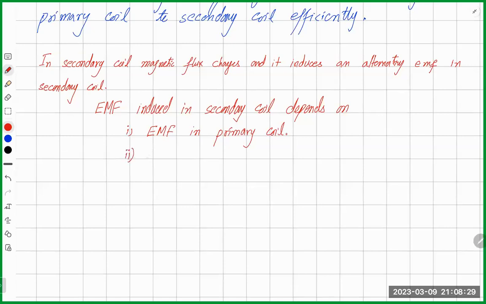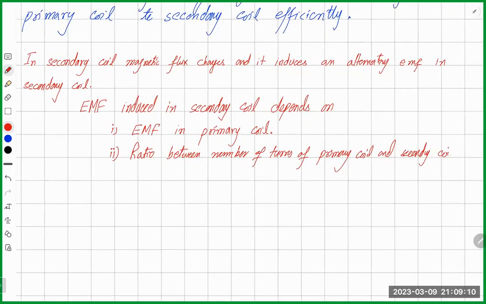Number two, ratio between number of turns of primary coil and secondary coil.